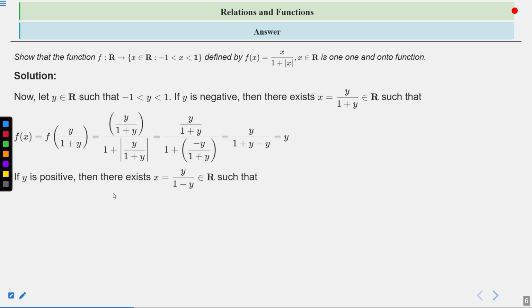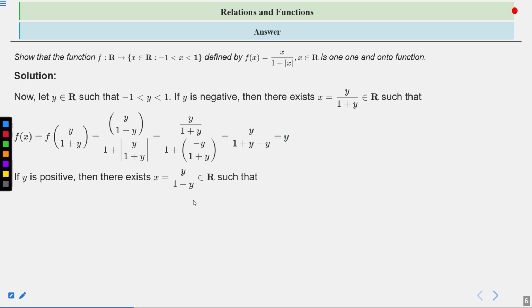This condition f(x) is equal to y is for the case when y is negative. Now let us take if y is positive, then there exists x, which will be equal to y upon 1 minus y, in a similar way. How?